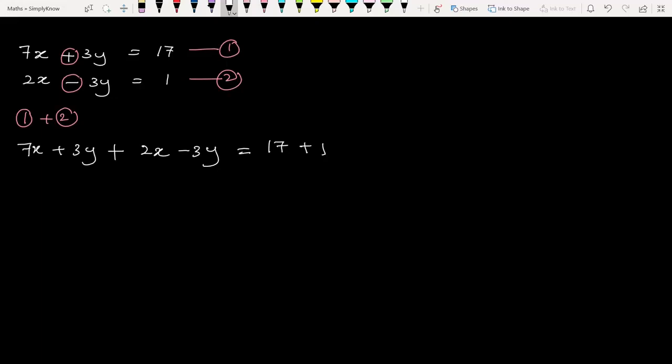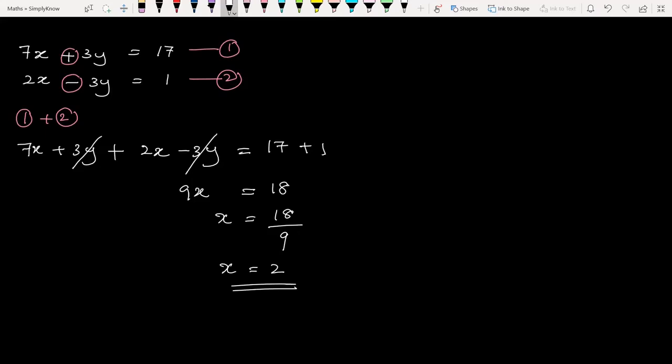Now I can cancel plus 3y and minus 3y. Then let's add 7x and 2x. It's 9x equals 17 plus 1 is 18 and x equals 18 divided by 9 and our x is 2.